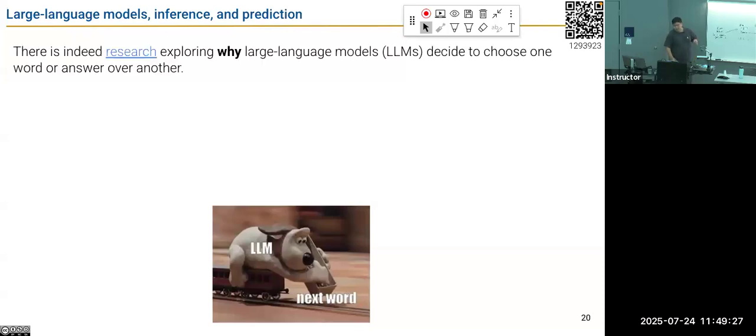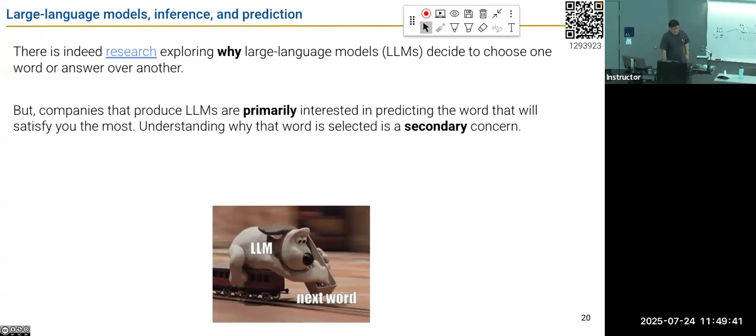I will preface this by saying there has been a lot of research on explaining the behavior of large language models. Why does it choose one word over another? A lot of studies. However, in building an LLM, the primary function is so that it can converse with you. When it types out a sentence, it reads like a sentence that a person would say or write.